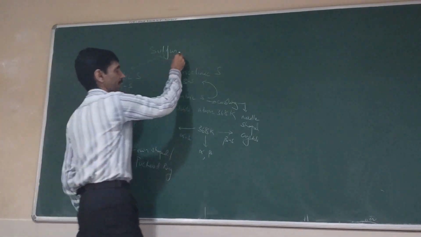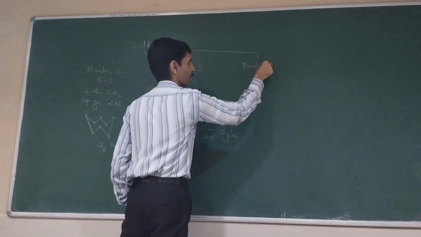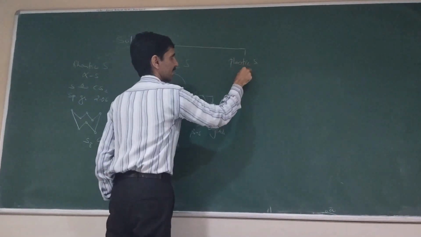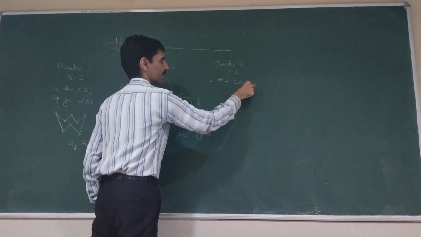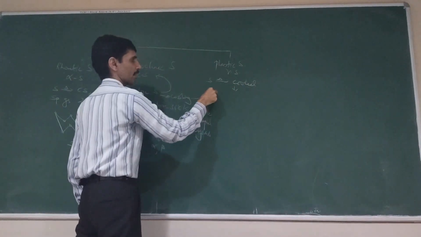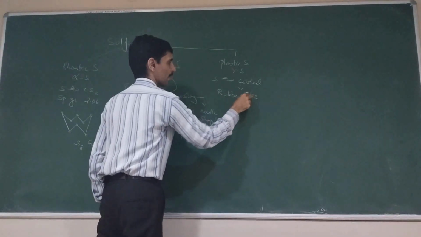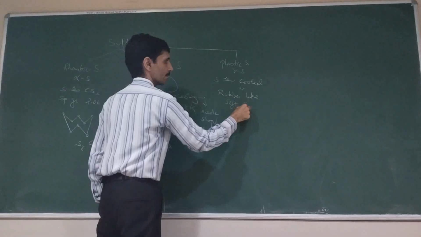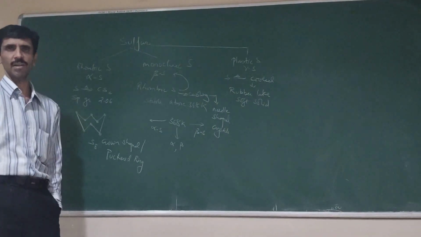The third important form of sulfur that we talk about is called plastic sulfur. We also call this gamma sulfur, where sulfur is heated and then cooled, which results in the formation of a rubber-like soft solid. Okay, it is in the form of rubber-like soft solid.